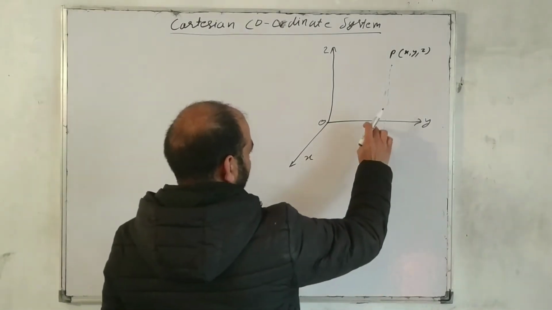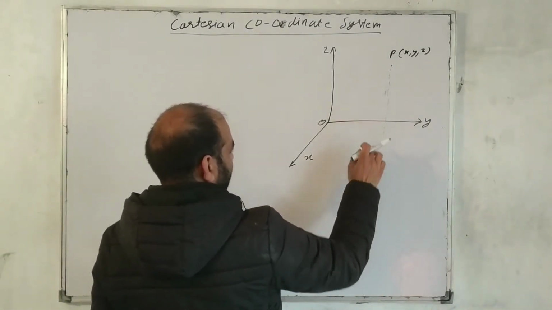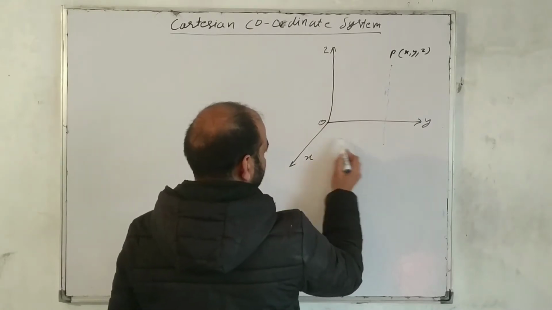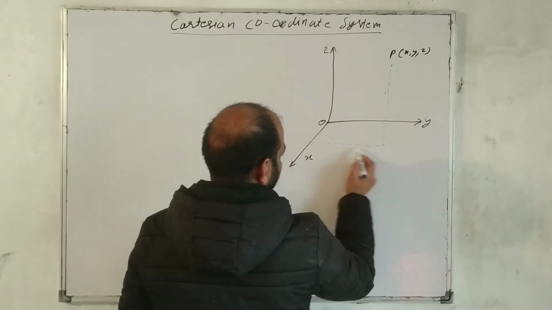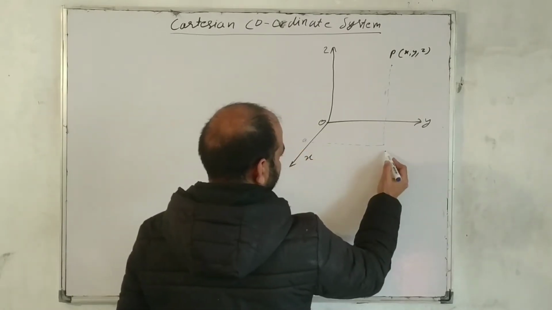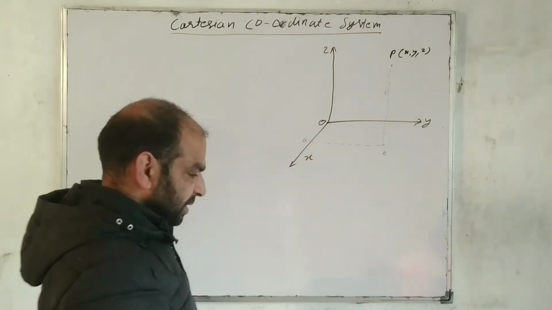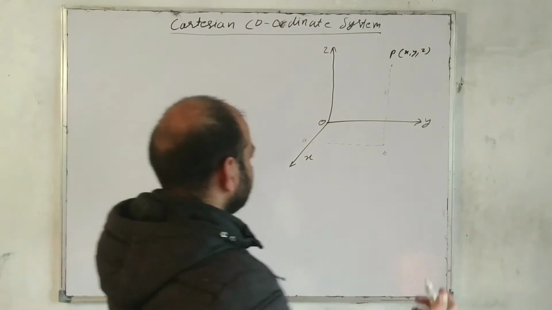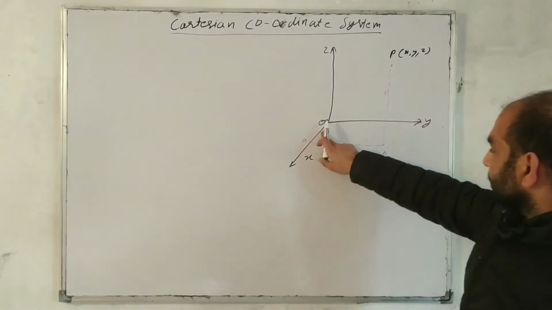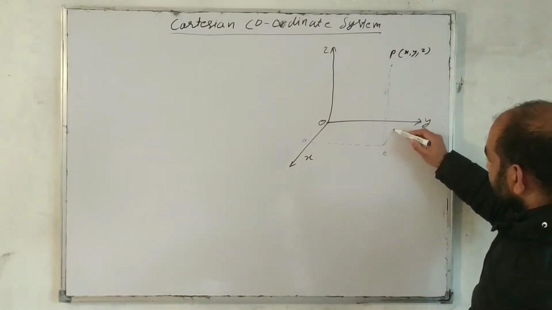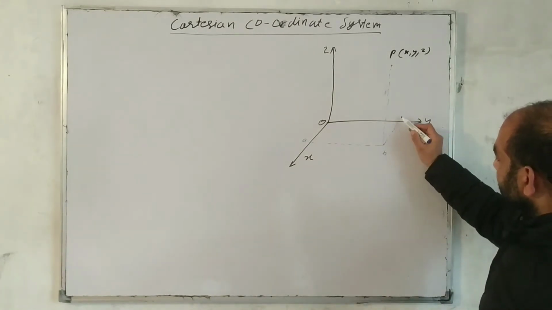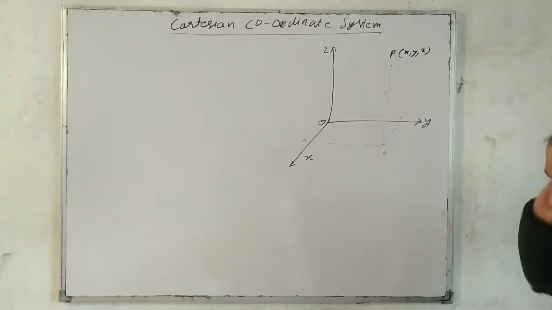Draw a line parallel to the y axis from this point to the x axis. Let this be point A and this be point B. Similarly, draw another line parallel to the x axis on the y axis. Let this be point C.